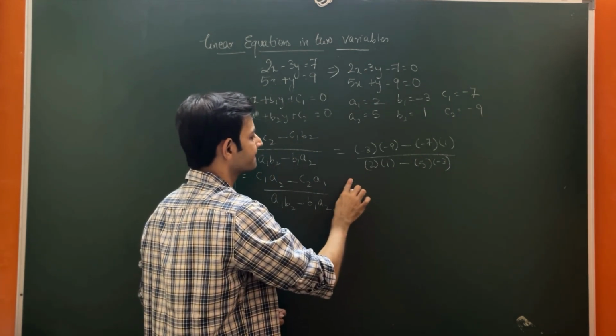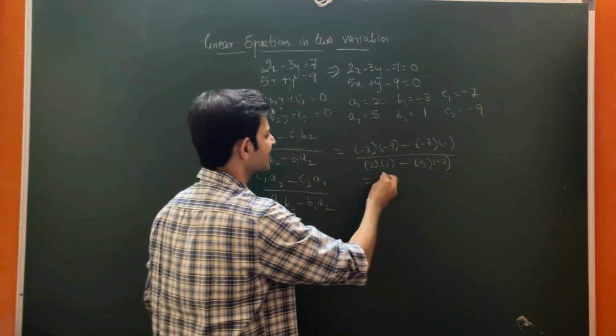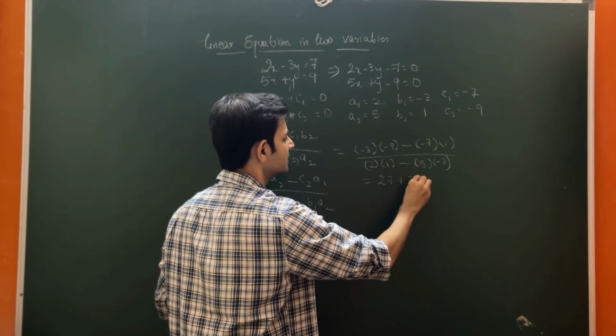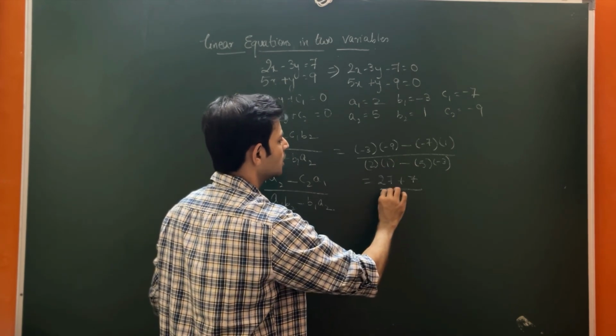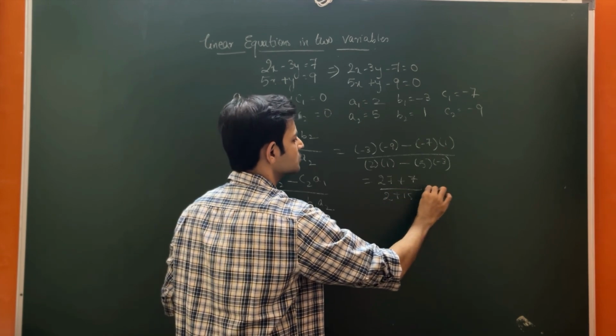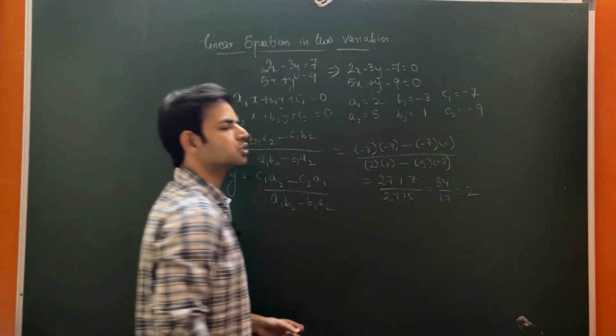Let's solve it. We can solve it here also. This is 27 minus into minus is plus 7, upon 2 minus into minus is plus 15. So this is 34 upon 17, which is equal to 2.